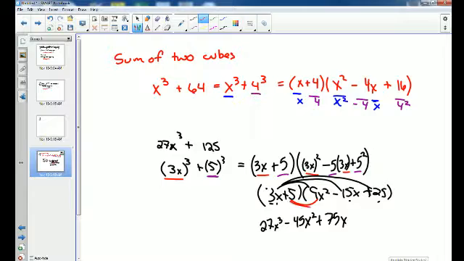Then I'm going to take this into every term. A lot of work, right? 5 times 9x squared, 5 times negative 15x, and 5 times 25. The 45s cancel out, the 75s cancel out.